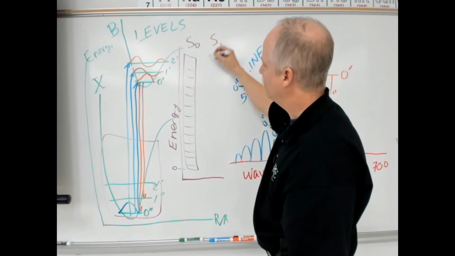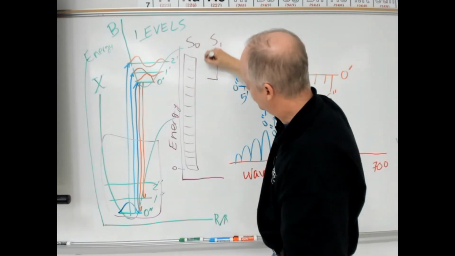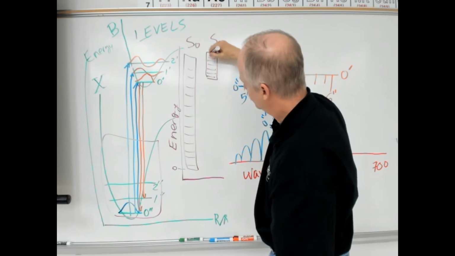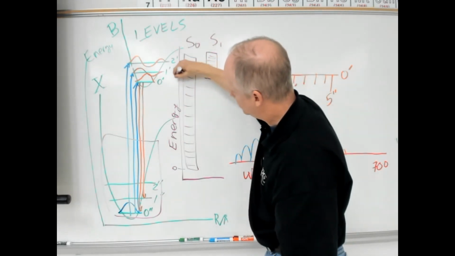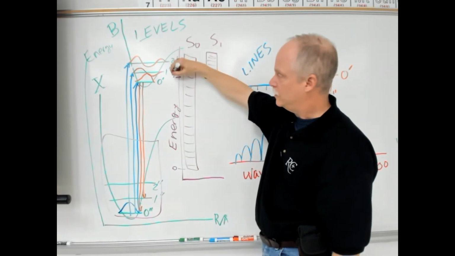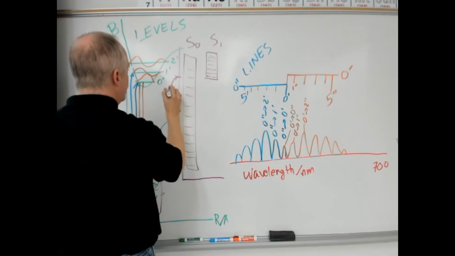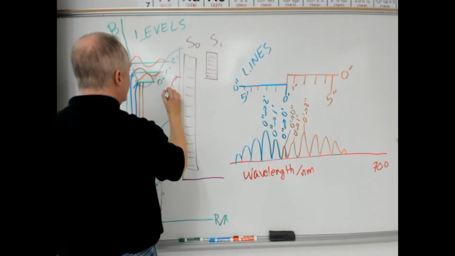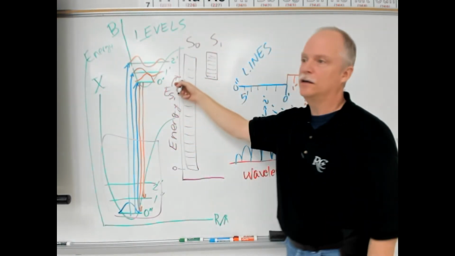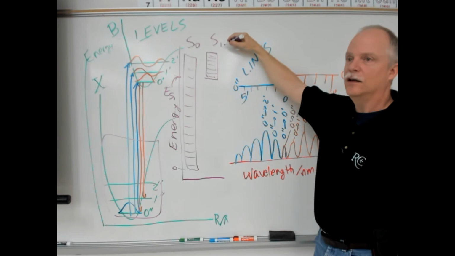And then up here for S1, you would draw another one. And so then this would be the difference between those electronic states. So this would be the energy of S1, the ground vibrational state of S1.